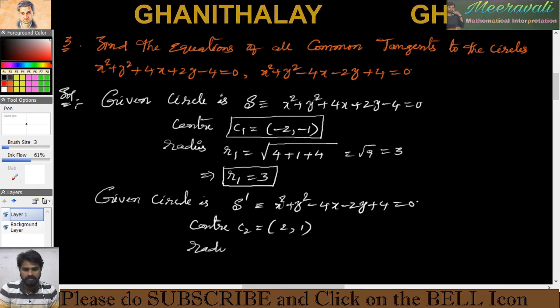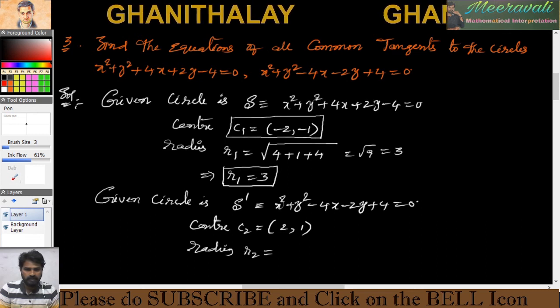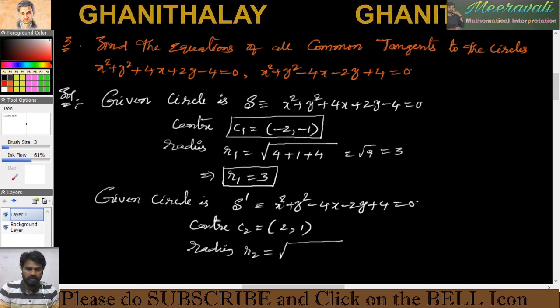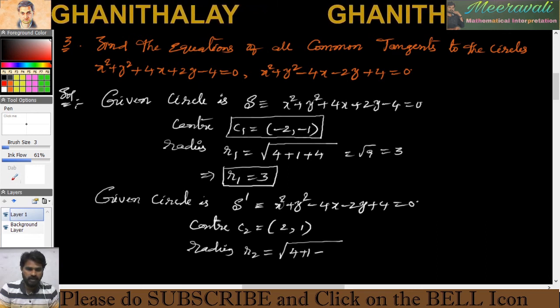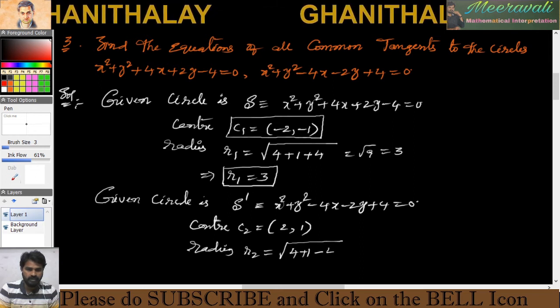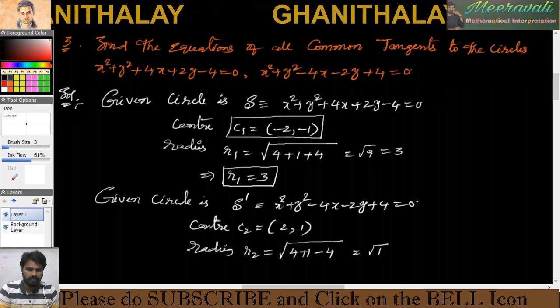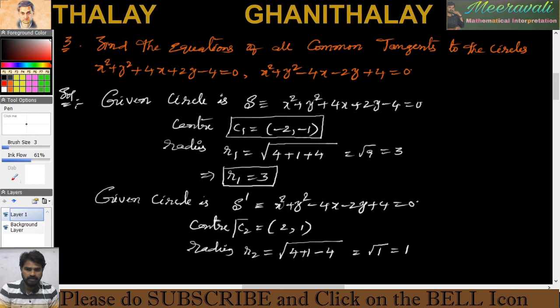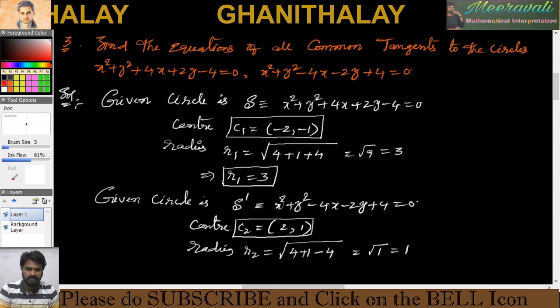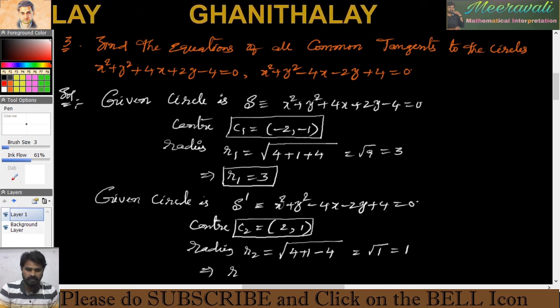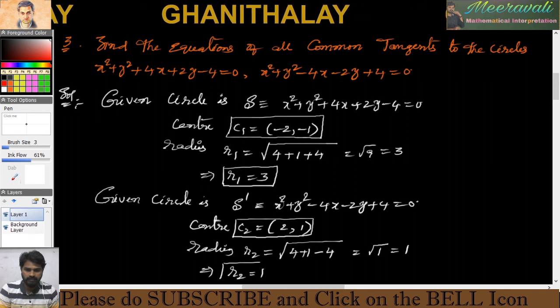Next radius can be found by squaring the center coordinates 4 plus 1 and minus of constant term minus 4, that is equal to root 1 is 1. So this is the center of the second circle, and radius of the second circle is R2 is 1.